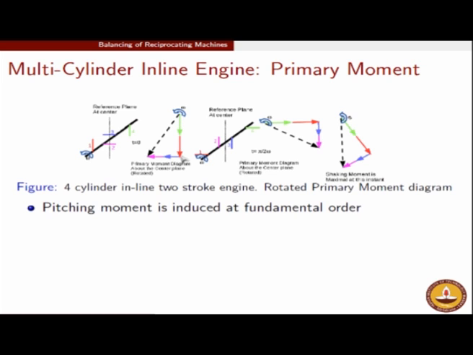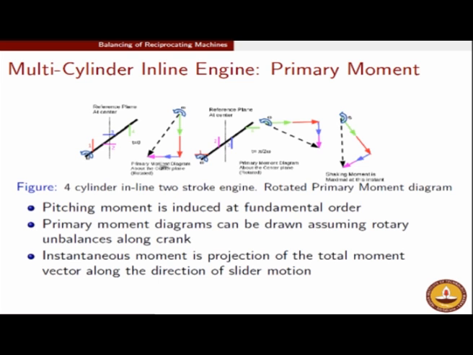This is the total moment that is acting, shown in this black dotted line. But here again we must remember that it is only the x component which matters. So to know the instantaneous moment hitting at this instant, we take only the x component of this dotted arrow.